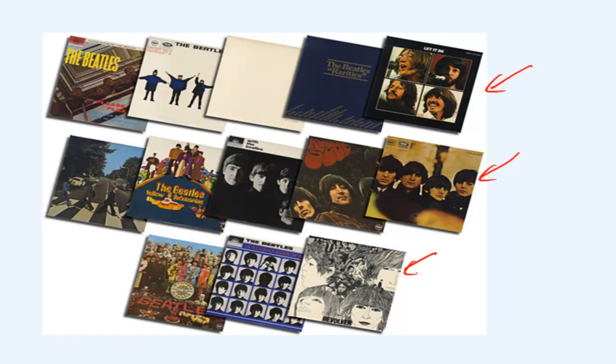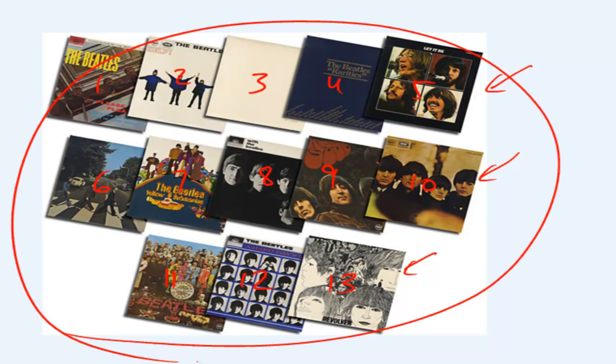That's the same as asking, how many elements are in our set of Beatles CDs? We count them. 1, 2, 3, 4, 5, 6, 7, 8, 9, 10, 11, 12, and 13. In this set of Beatles CDs, we have 13 elements.